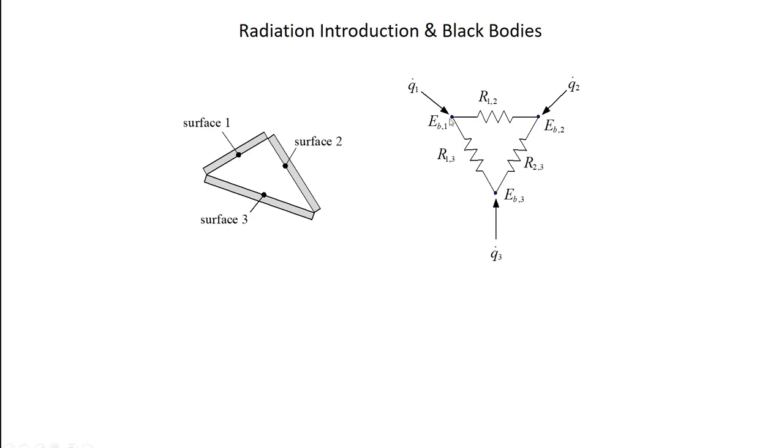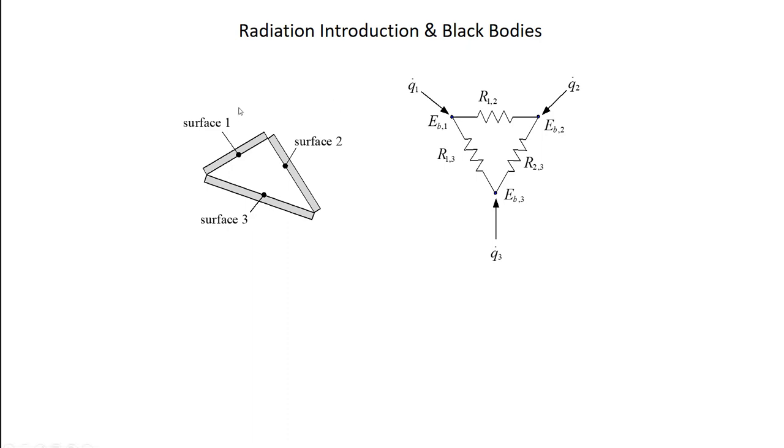So when I'm sitting here at surface 1, I have to draw a resistance between surface 1 and every other surface that it can see. It's not like a conduction problem where surface 1 can maybe only see the things that are immediately to the left and the right of it, right? That becomes a nice series resistance network. In radiation, that's not true, right? In radiation, you end up with this spaghetti of resistances that go everywhere.